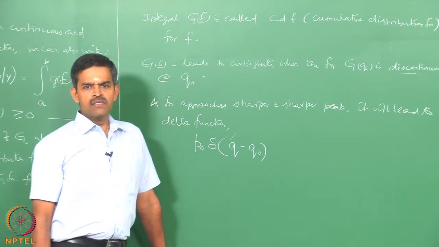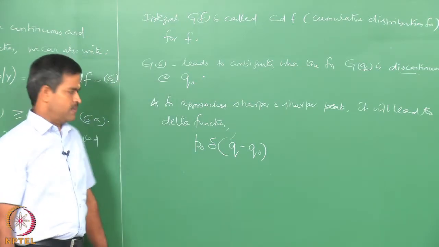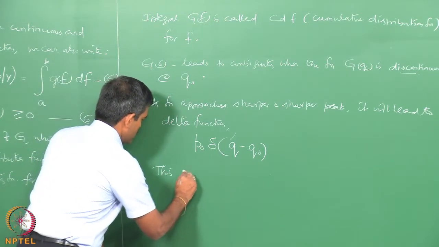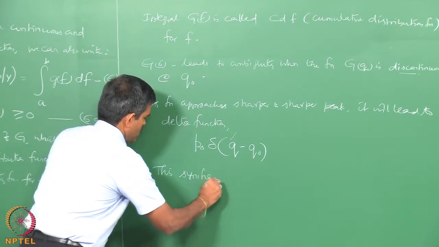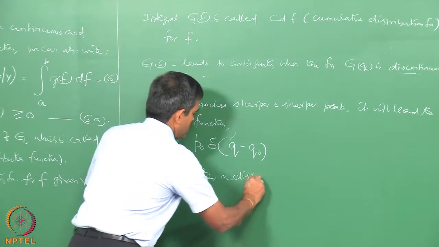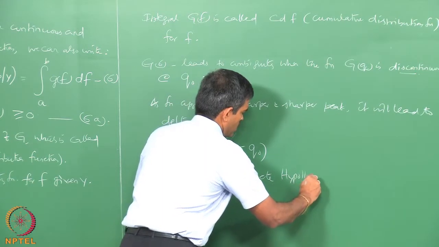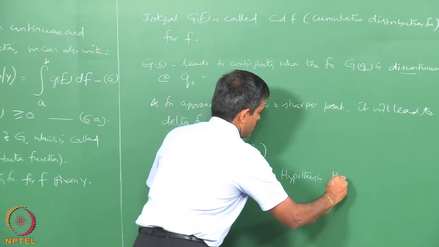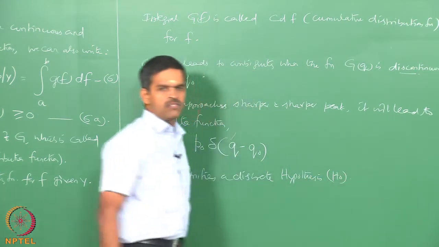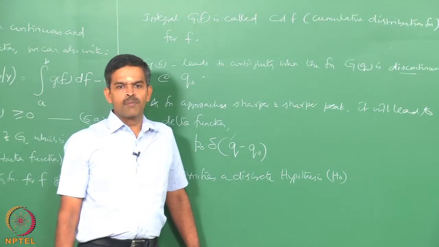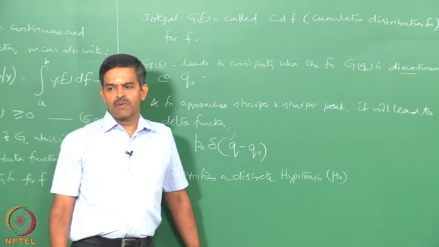So, this signifies a discrete hypothesis, which we call H naught. Therefore, the enclosing area or let us say the limiting area will be equal to the probability P naught of that hypothesis.